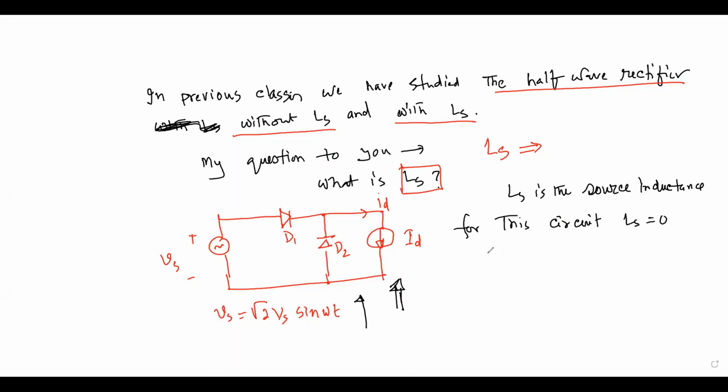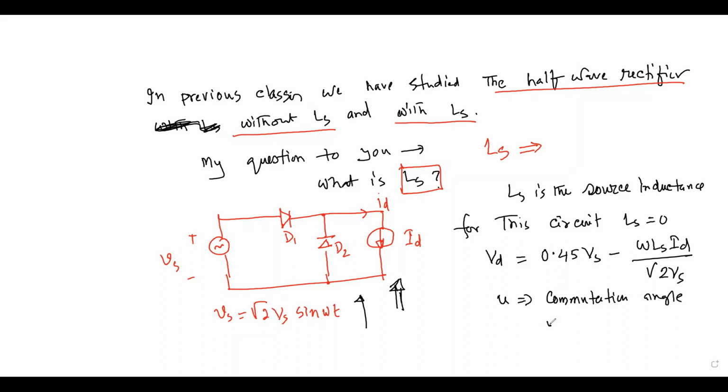Then we got that output voltage VD was 0.45 Vs minus omega Ls ID divided by root 2 Vs. And also the delay angle, the commutation angle U, is 0 here.